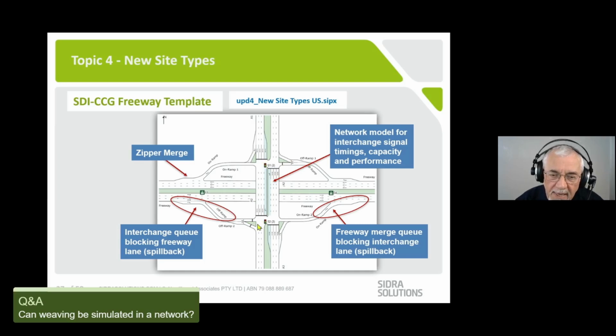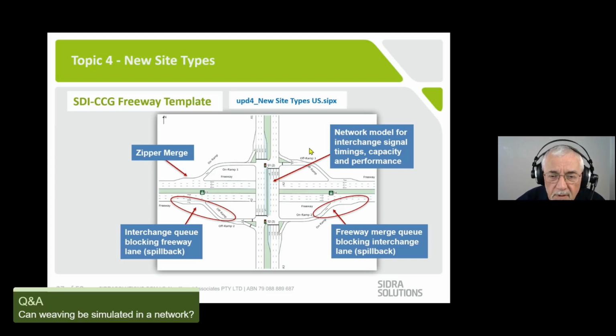It is a paired intersection model, either coordinated or as a common control group of signals, which means they are running from one single controller. You can do all that. Then look at its timings, capacity, performance, delay, queues, stops, fuel consumption, whatever you want.